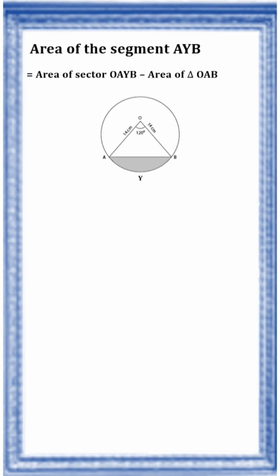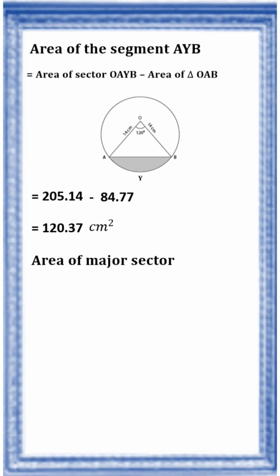Now let us find the area of the segment AYB, that is minor segment. Since we already calculated area of the sector OAYB and area of the triangle OAB, now let us substitute the values. That is equal to 120.37 centimeter square.